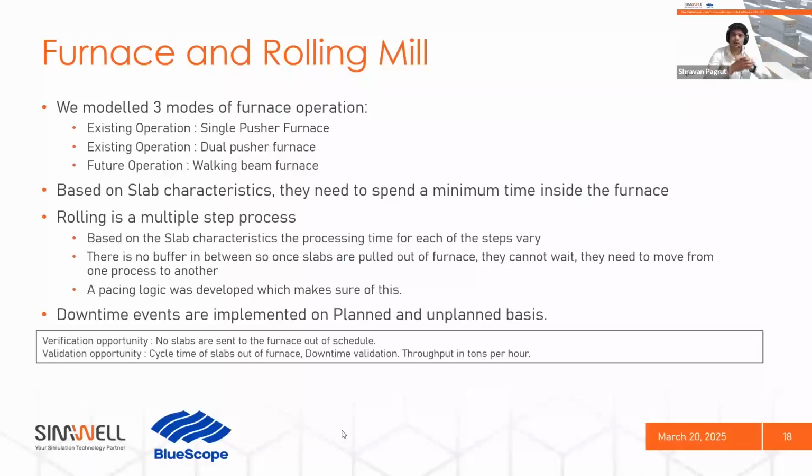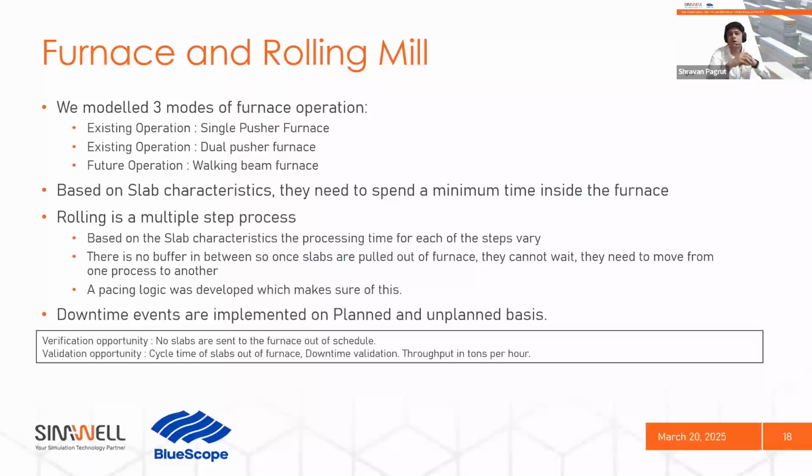The output at the rolling mill is not starved, so we had to make sure that the rolling mill keeps working and the furnace is also full. So we also outputted all of the slab cycle times as well as the throughput out of this rolling mill and furnace to make sure that it's okay with the historical data that we have.